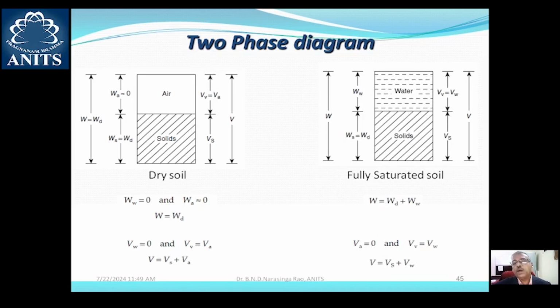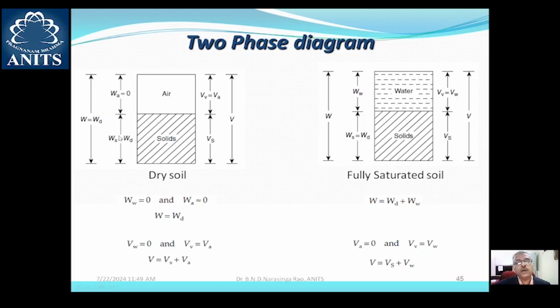Therefore no air may be present in the void space, and this is again a two-phase system of soil, and the two-phase diagram consists of water and solid particles. So here the volume of water is equal to the volume of voids, and the total weight is equal to the sum of weight of water and weight of dry soil.